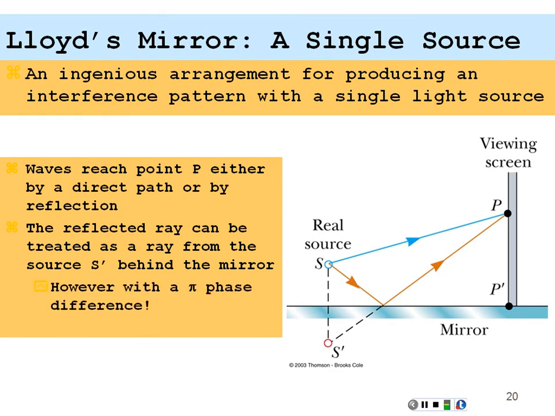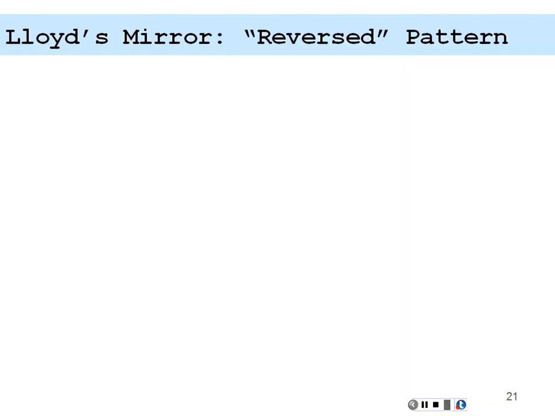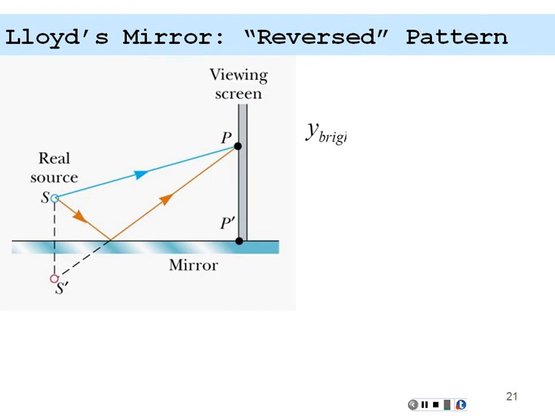However, when something reflects off a mirror, you're going to get a pi phase reversal on that reflection. So we can do the same kind of interference analysis from this double slit, if you will, but it's going to reverse all of our maxima and minima equations because we get a phase reversal on this reflected wave. Because of that, we'll get bright fringes with the same kind of equation that we had with our double slit pattern earlier for dark fringes.